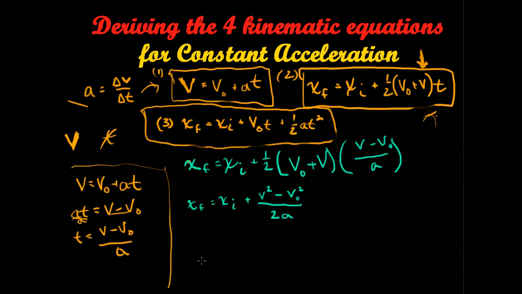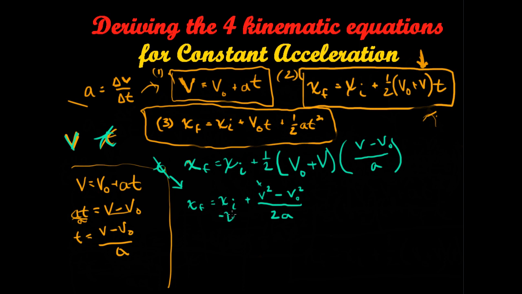Alright. Now from here, remember, we're looking for an equation for final velocity that doesn't have time within it. And if you look here, there is no time symbol in it. All that's left to do is to solve for the final velocity.